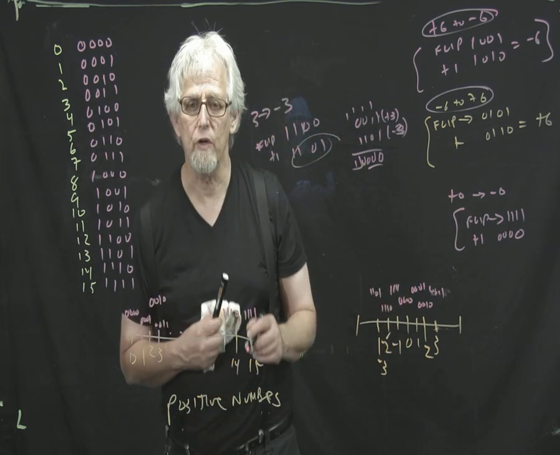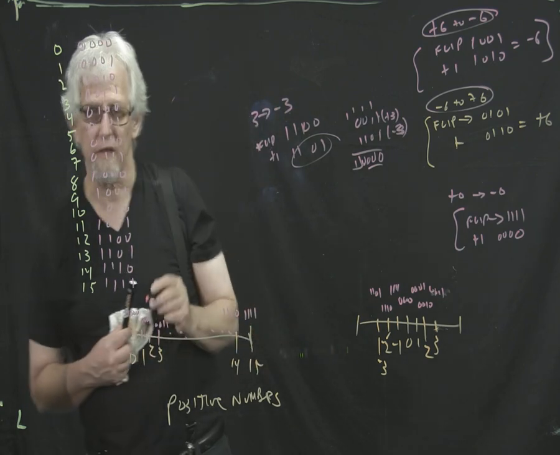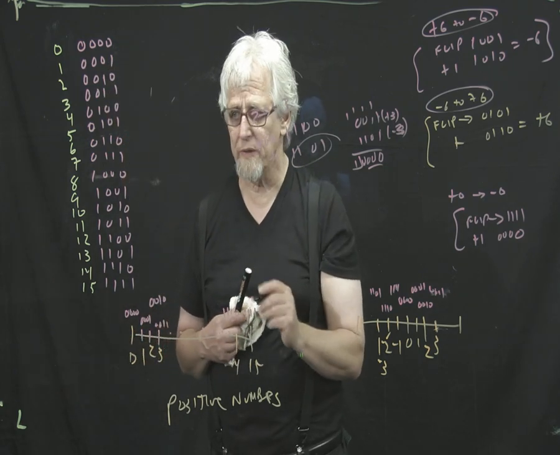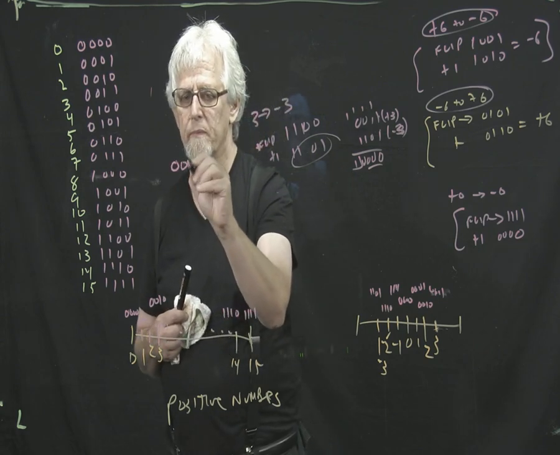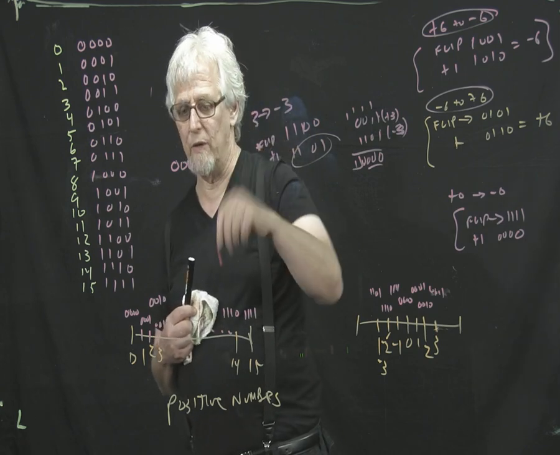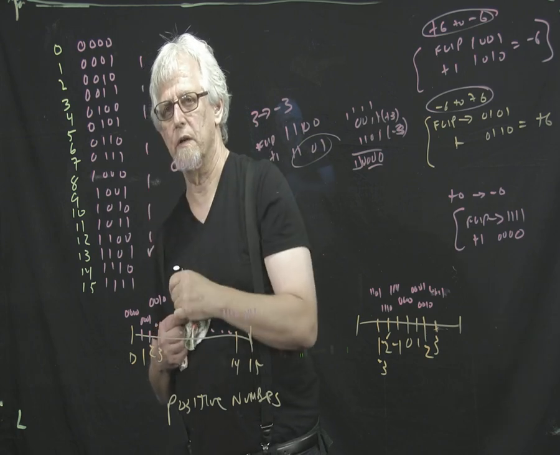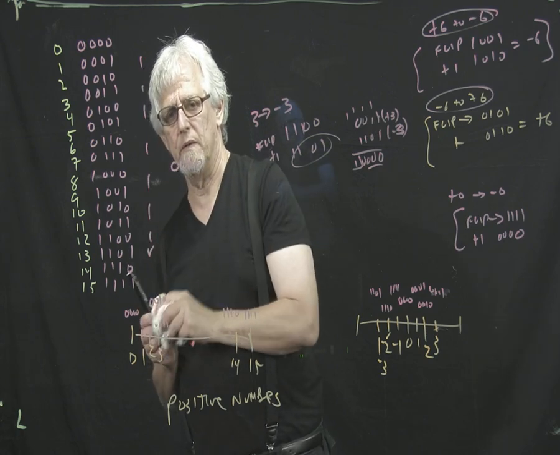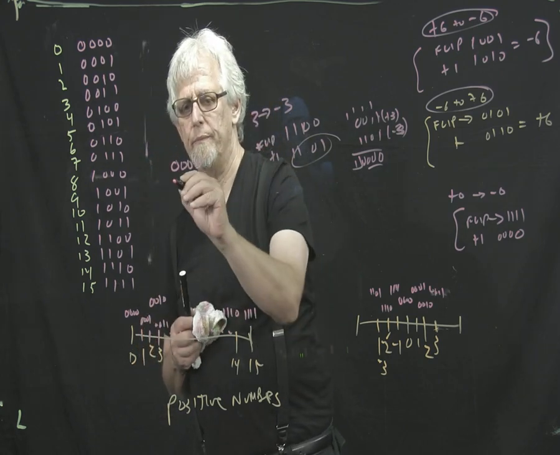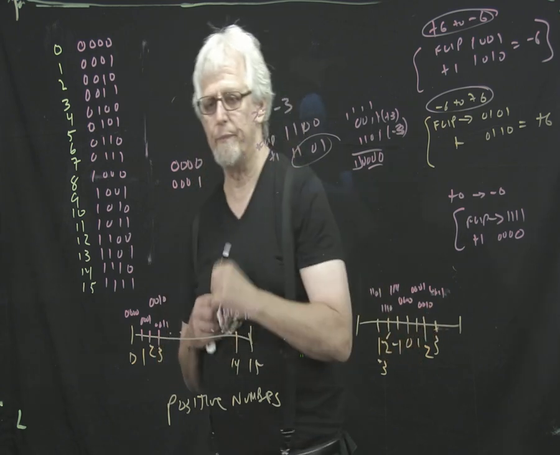So if I wanted to draw a number line vertically like this one over here in binary, we'll start out with 0 in the middle. Okay. And here will be the increasing numbers. So this is going to be increasing in this direction. This was 1. And minus 1 was 1, 1, 1, 1.